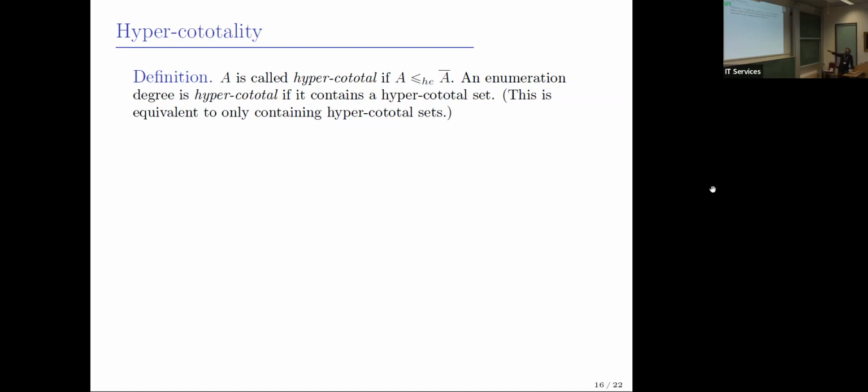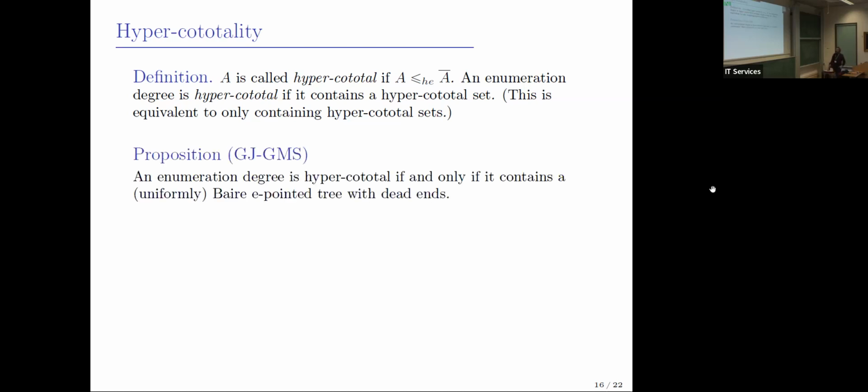You don't need to close under enumeration equivalence, but whatever. Okay, so an enumeration degree is hyper-cototal, we showed, if and only if it contains a uniformly Baire e-pointed tree with dead ends. So if you're in Baire space and you allow the tree to have dead ends, whether or not you allow uniformity, you're really just capturing hyper-cototality.